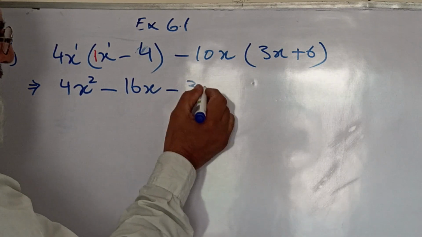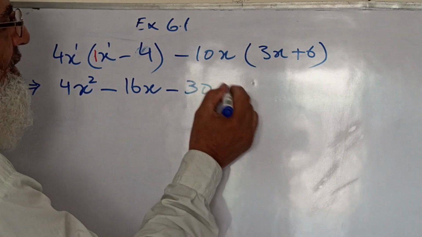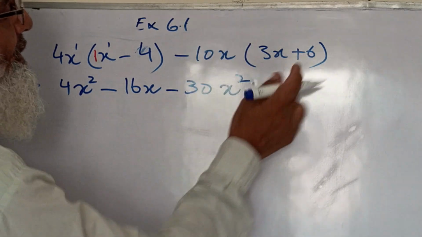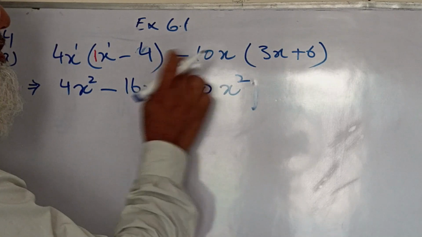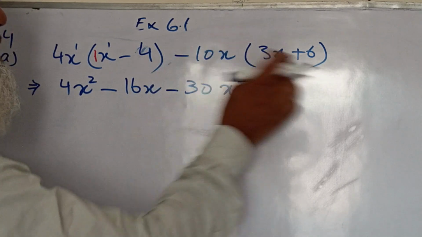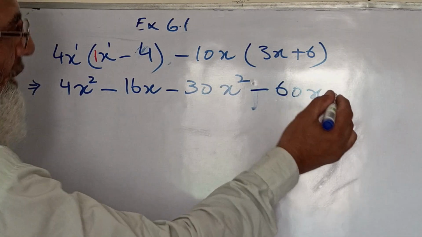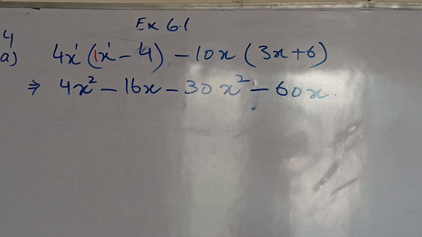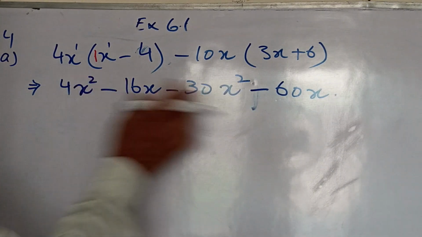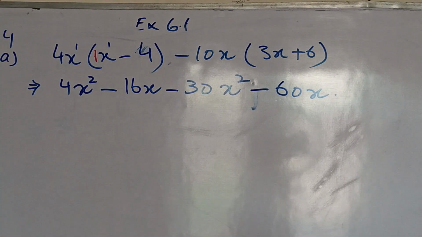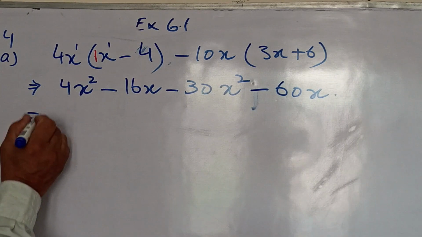Now 10, 3 times 10 is 30 and x square, and 10 minus sign is there. So it will become minus plus minus, and 60x will appear over here. Just select the same terms, squares at the first and then x.